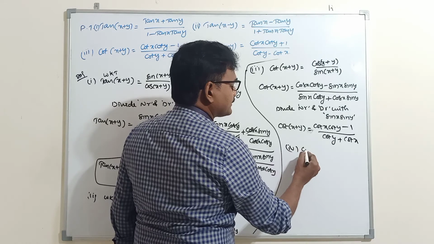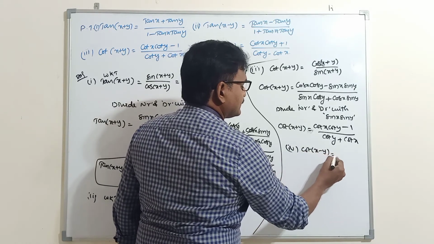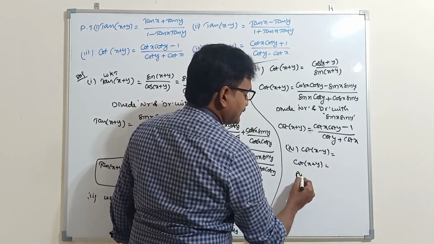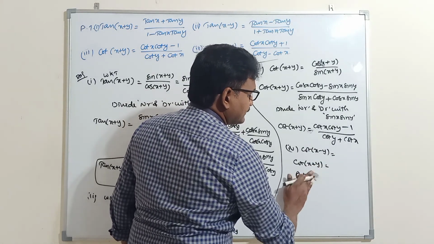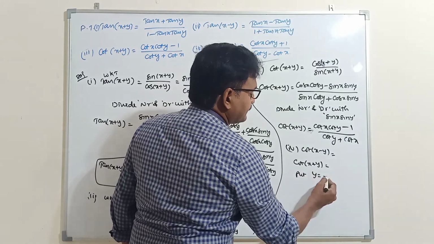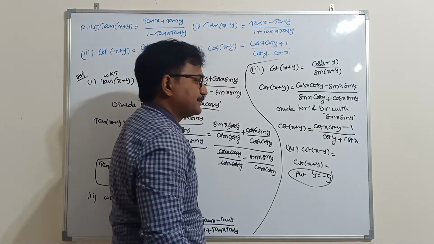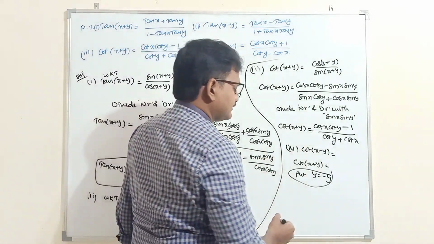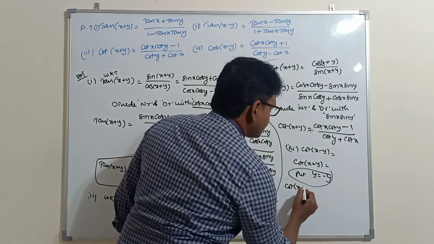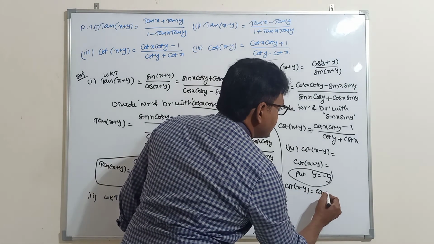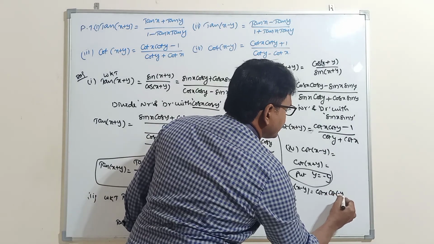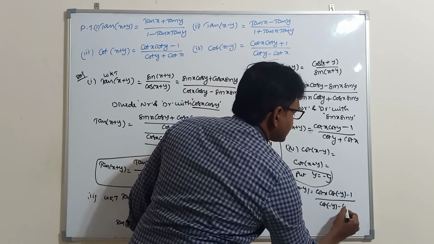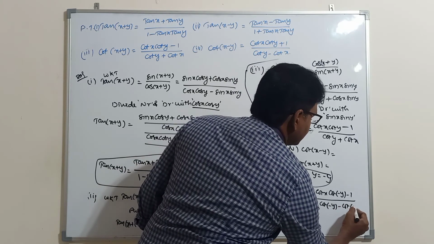So to prove cot of x minus y, first take the cot of x plus y formula. In this formula, just replace y with minus y, then you will get cot of x minus y is equal to cot x into cot of minus y minus 1 by cot of minus y minus cot x.